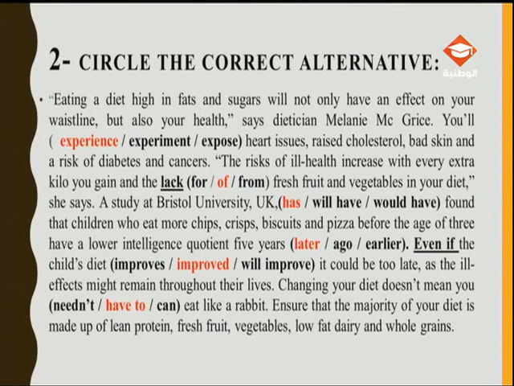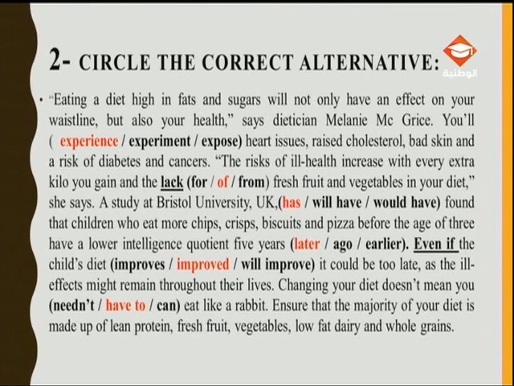Maybe you will expose your health to some heart issues, or you will be exposed to some health issues, but we cannot use the active form in this sentence. Then, this is the wrong word.